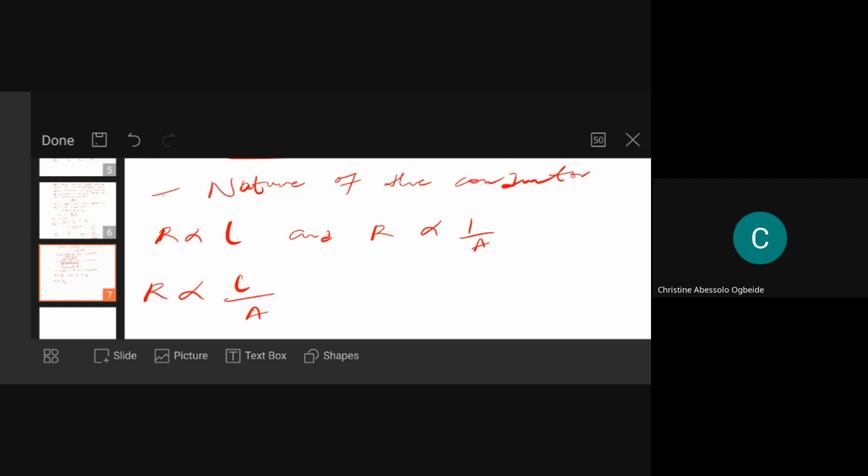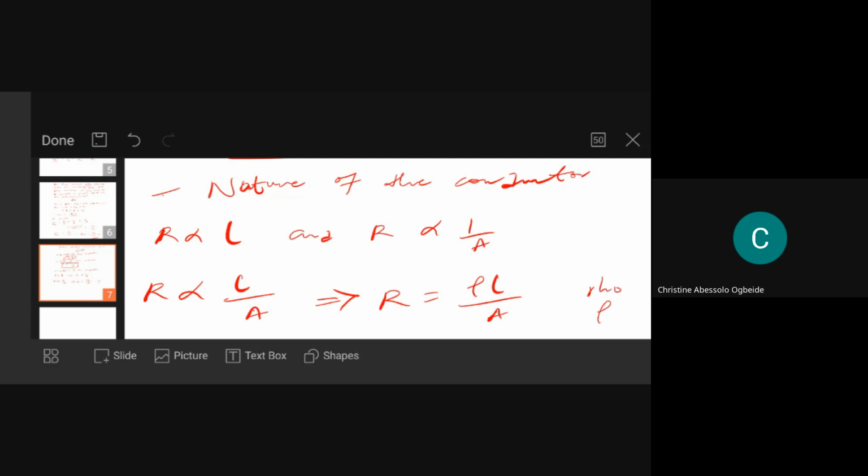Of course, I can remove this symbol of proportionality by bringing in a constant, which is called the constant of proportionality. In this case, I can write that R is equal to rho multiplied by L all over A. So the constant of proportionality is called rho, R-H-O.